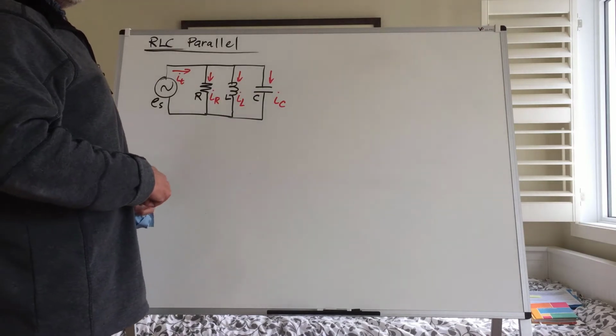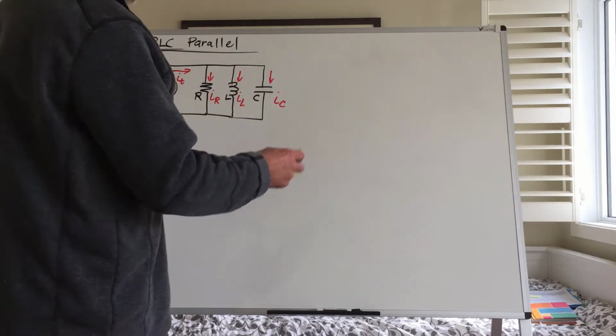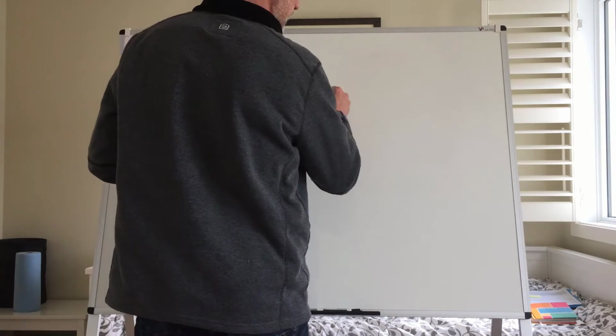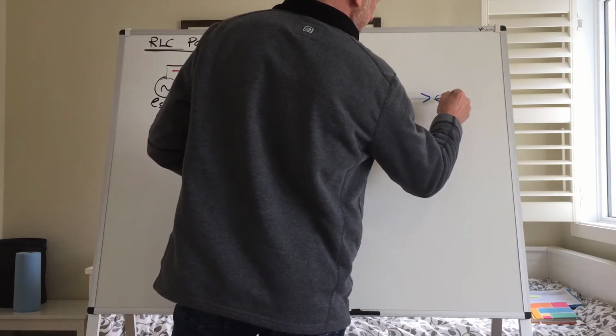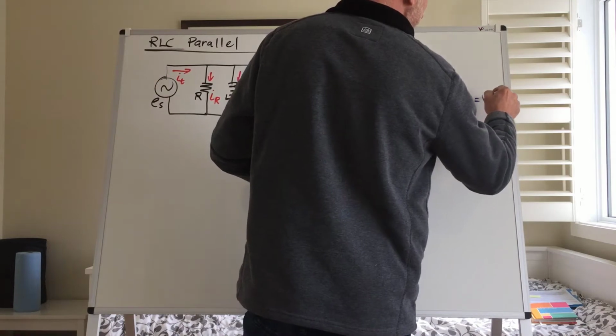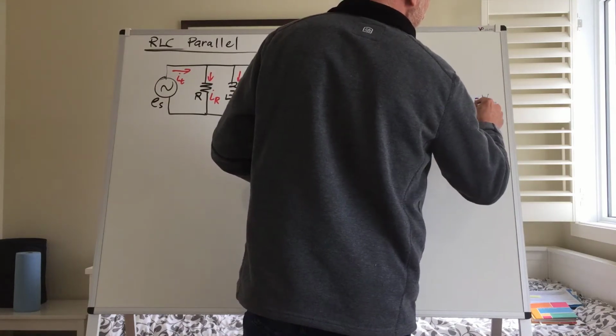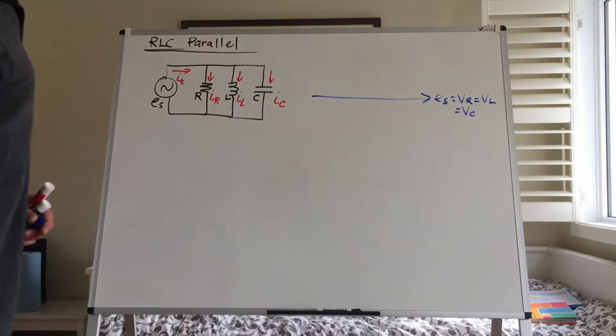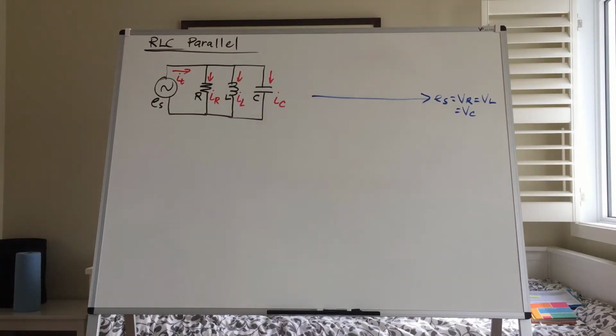So currents can be out of phase, but voltages can't. So here then, we would say that we have an E source value equal to a VR value equal to a VL value equal to a VC value. The voltages are all in phase, and we'll use that as our reference for going forward for this analysis.